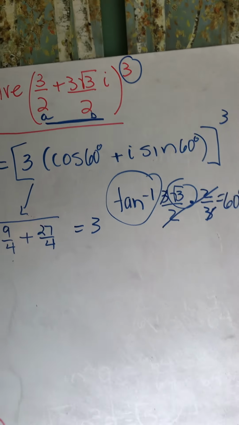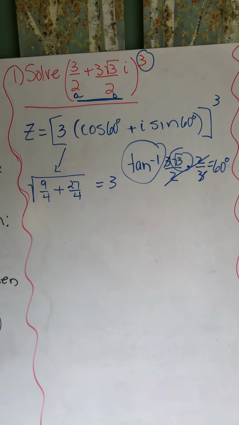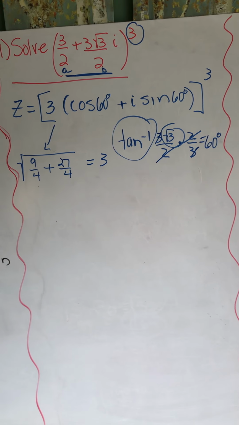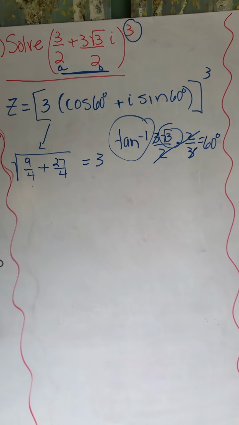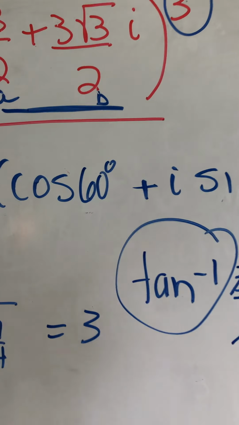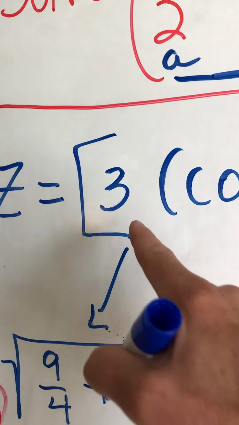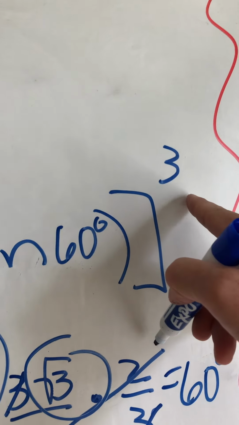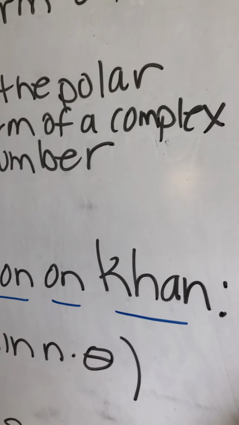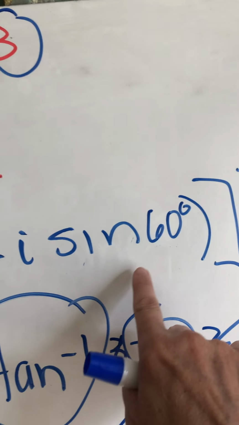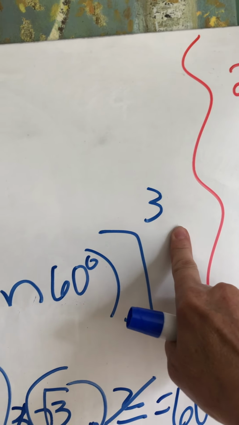Okay, let's step back. My problem now is 3 times cosine of 60 plus I sine of 60, cubed. Here's what I know: I take my modulus of 3 and actually cube it. 3 cubed. Then I take each of the angles and multiply by the power.